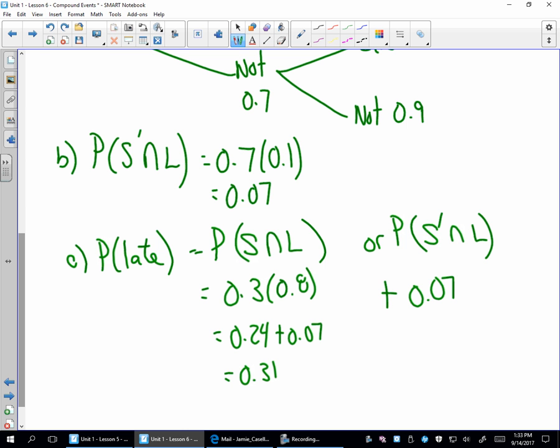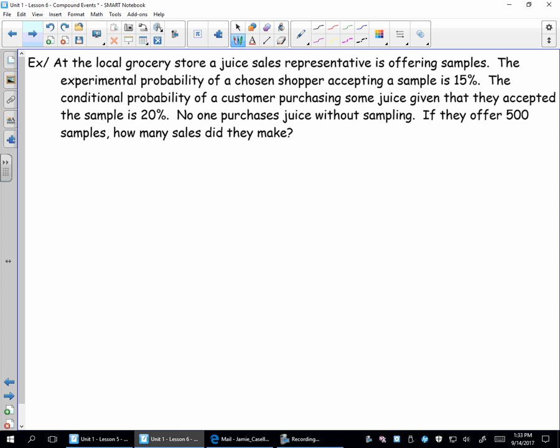Okay, last one. Give it a try, pause it, see what you can do. Local grocery store is offering free samples. The experimental probability of a shopper accepting a sample is 15%. The conditional probability, so in other words, if something has happened, that the customer purchases some juice given that they accepted the sample is 20%. No one purchases juice without sampling.